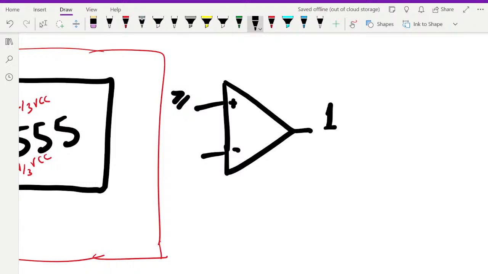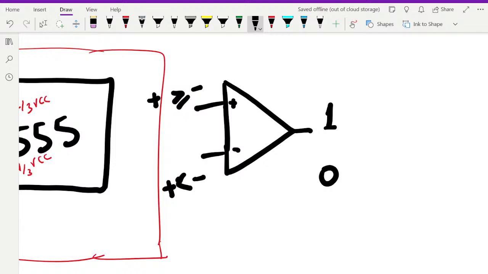We talked about this extensively in the previous video. So if the positive input is greater than or equal to the negative input, the output is 1. In any other case, which is only one more case, where the positive input is less than the negative input, the output is a 0.